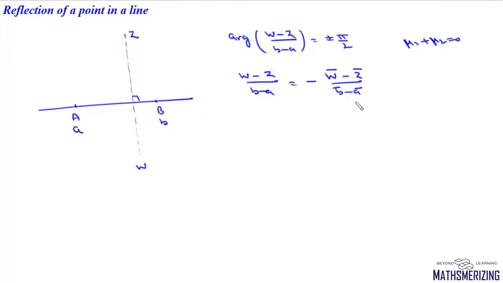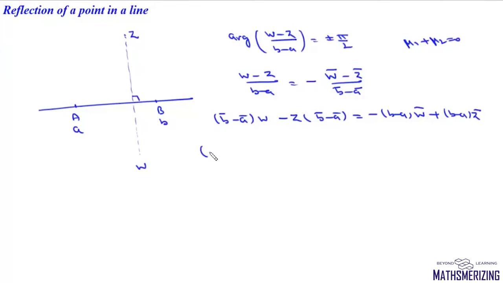Now we cross multiply. We can write this as (B bar minus A bar)(W minus Z) equals minus (B minus A)(W bar minus Z bar).